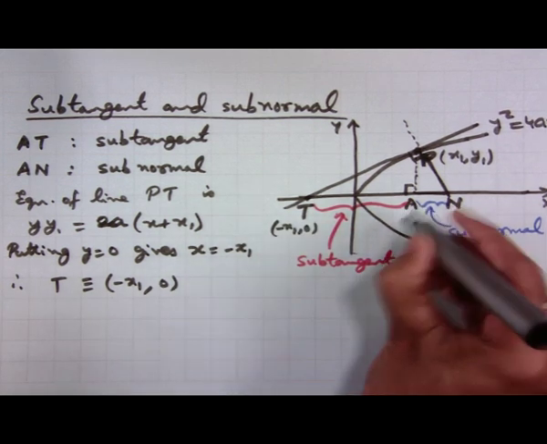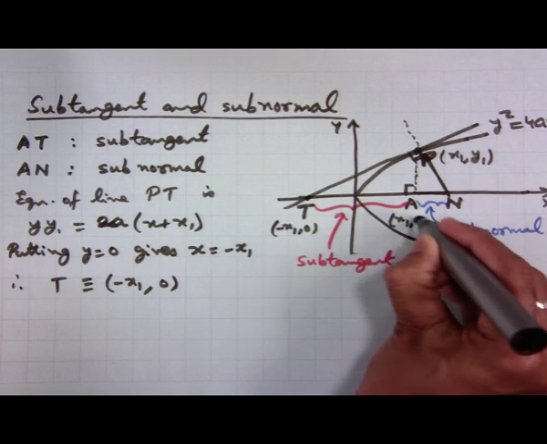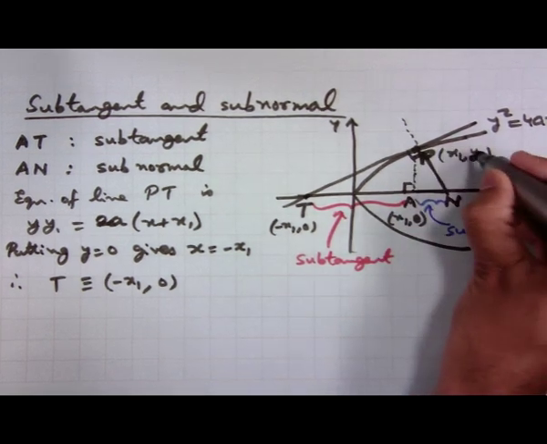Note that this point A is x 1 comma 0, because P is x 1 y 1.